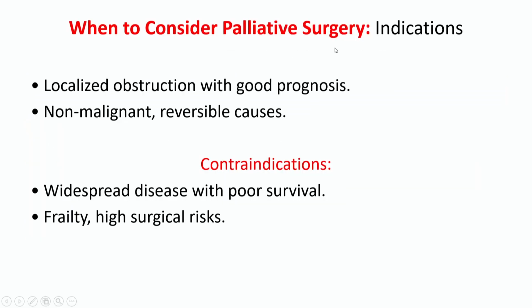When to consider palliative surgery, the indications: localized obstruction, as I showed you, where the cancer tumor is there, localized obstruction with good prognosis. Then we go for surgery. Non-malignant, reversible causes: suppose the intestine has come out like a hernia, or it has strangled on itself because the intestine is very long.